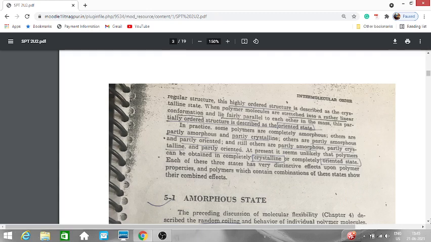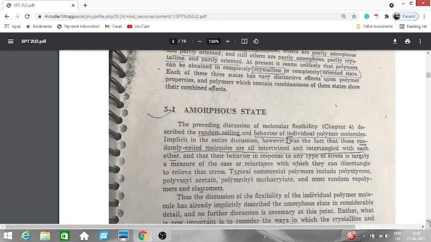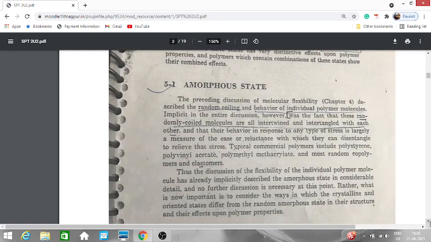At present, it seems unlikely that polymers can be obtained in a completely crystalline or completely oriented state. Each of these three states has very distinctive effects upon polymer properties, and polymers which contain combinations of these states show their combined effects. So 100% crystalline polymer does not exist. It may have some parts of oriented and some parts of amorphous states also.